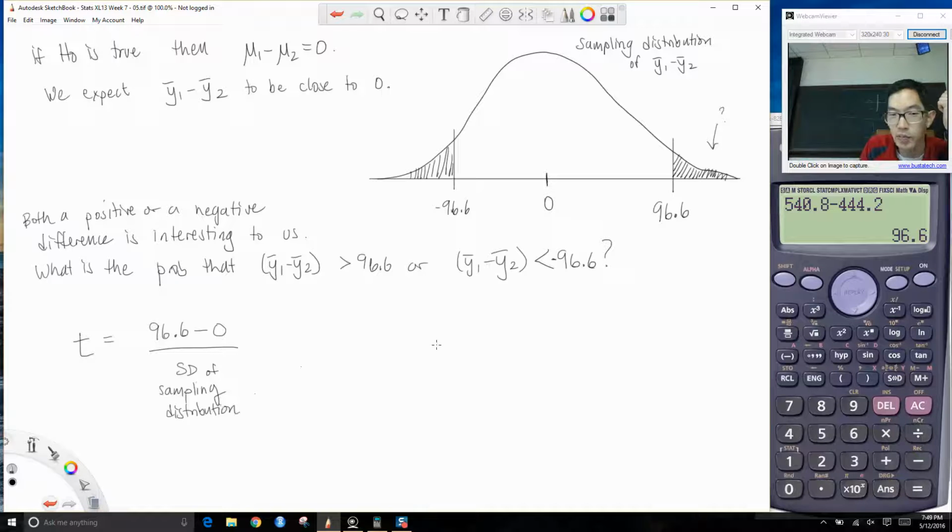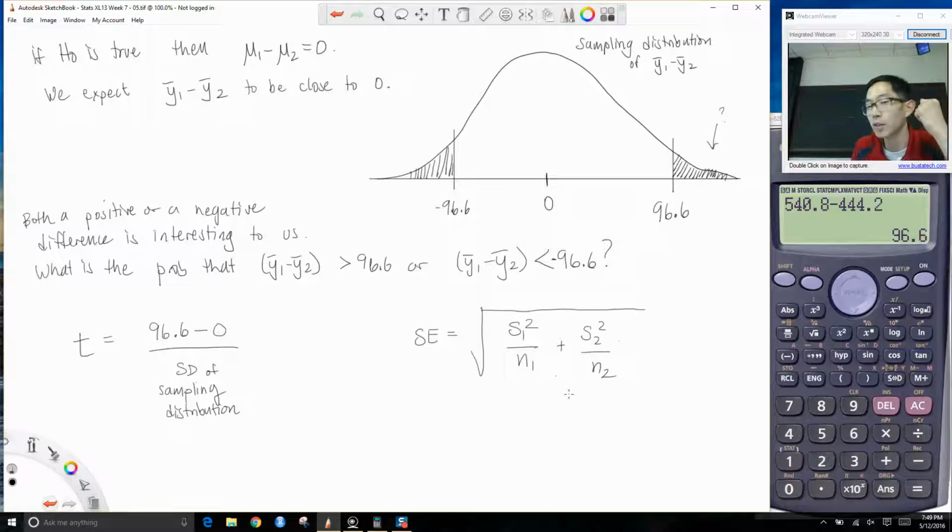The standard error is the square root of s1 squared over n1 plus s2 squared over n2.